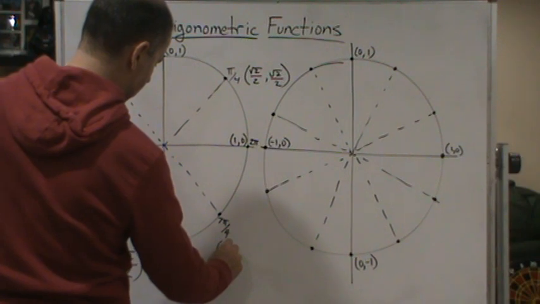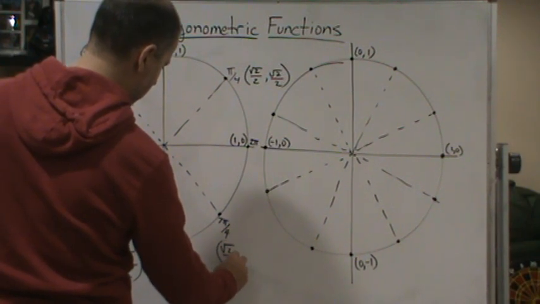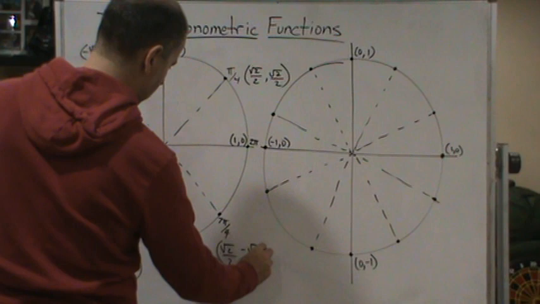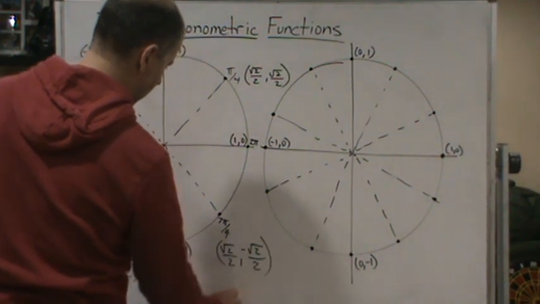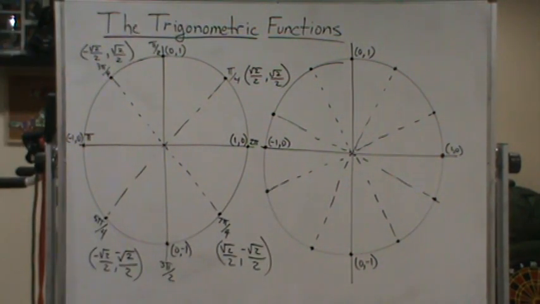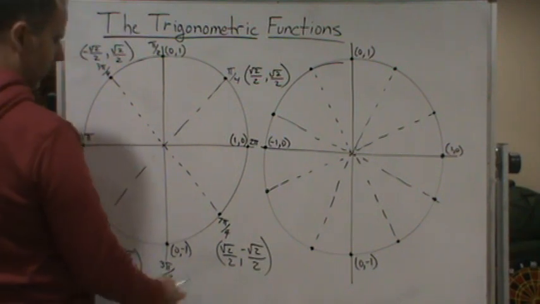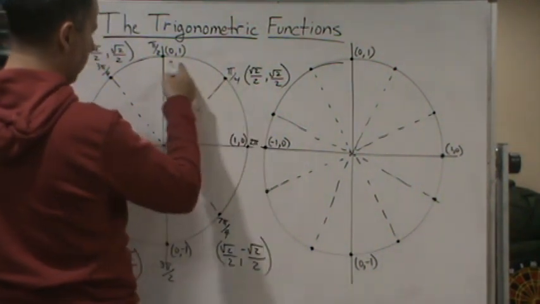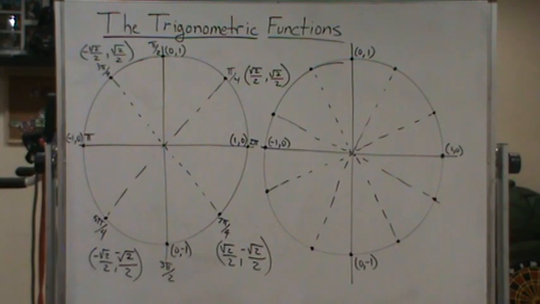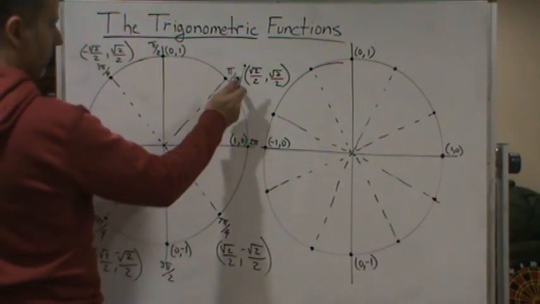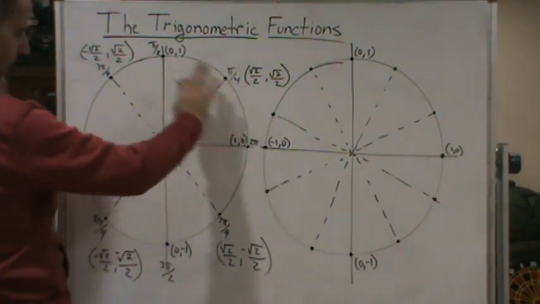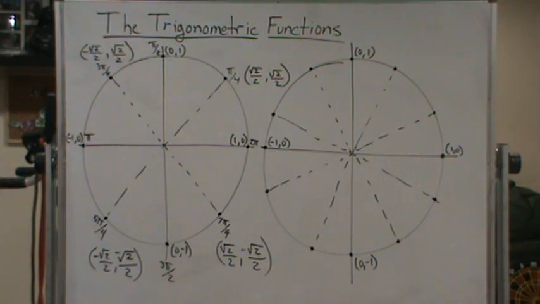It's going to be square root of 2 over 2, comma, negative square root of 2 over 2. And those are the points. So obviously we know the points of these, those are easy. So now these are the coordinates for these 4 points. So now we've got 8 points that we know on the unit circle, and the corresponding angle.